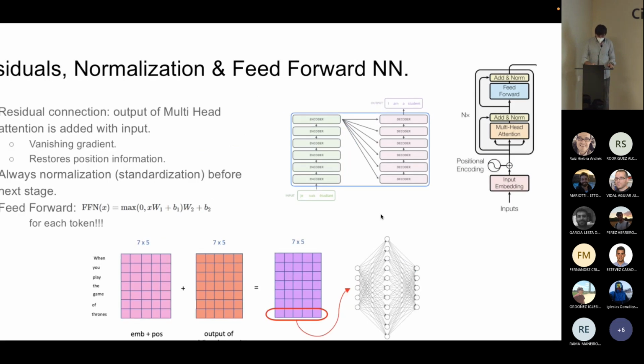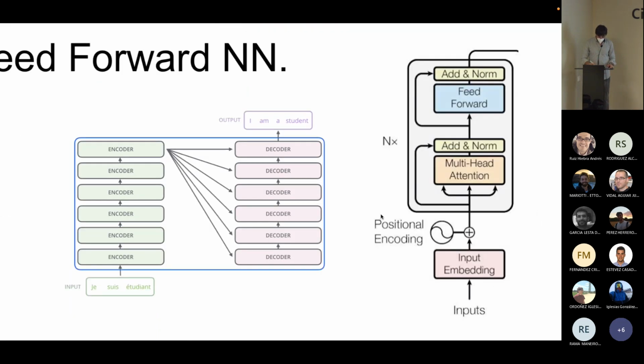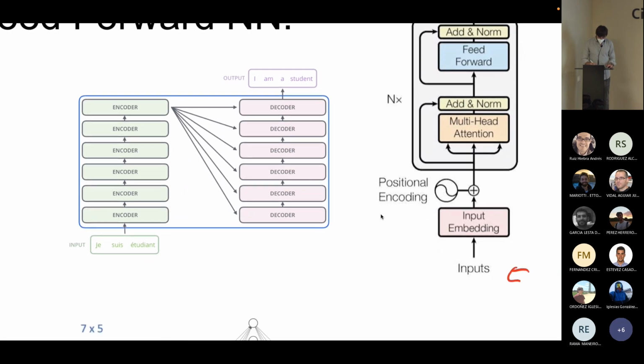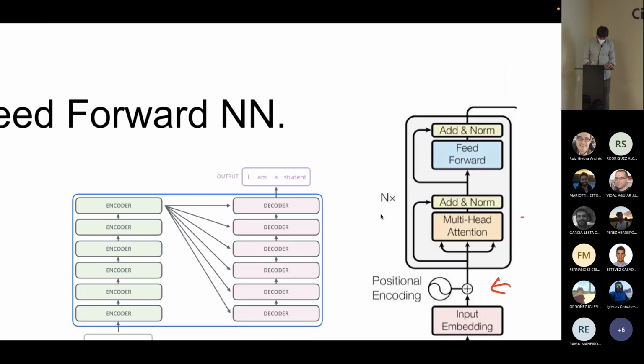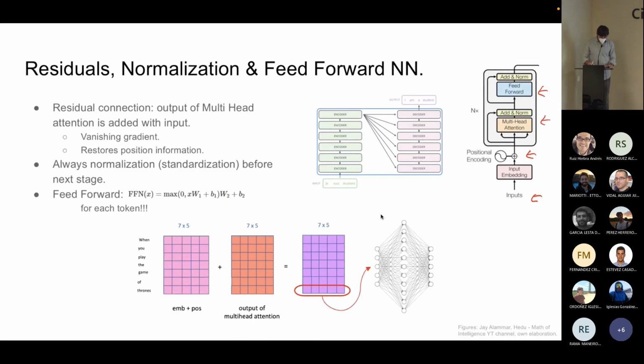After that, if we look at the figure of the transformer, we have our input vectors, we have our positional encoding, we have the attention that we just explained, and after that we have the neural network. Well, all neural networks need normalization. We know from gradient propagation, the way we train neural networks, that if the data is not normalized, we can have really bad problems. So we need to normalize.